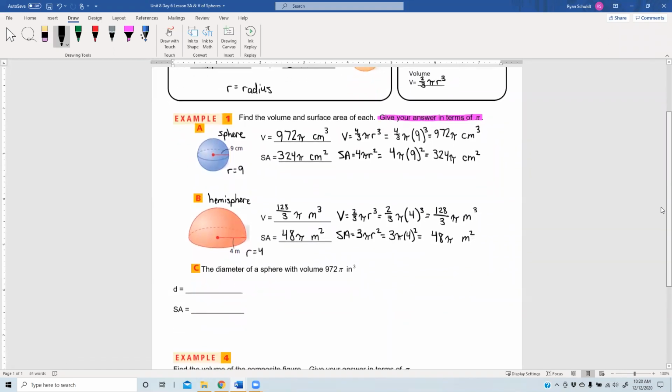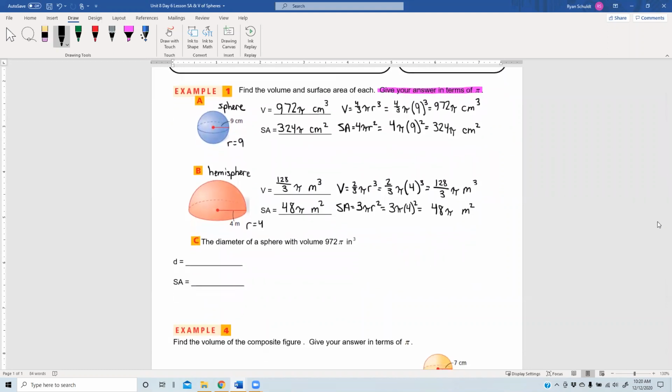Now let's look at the next one. The next one asks us for the diameter of a sphere and then the resulting surface area, where the sphere has a volume of 972 pi inches cubed.